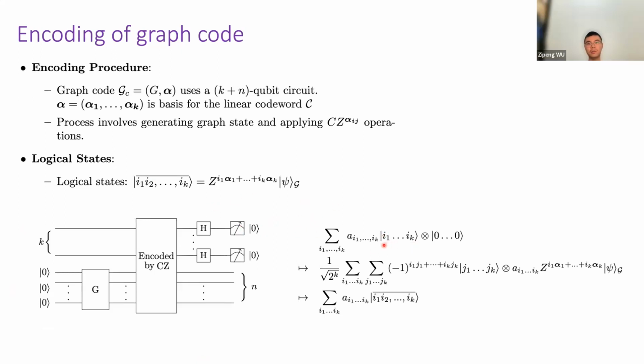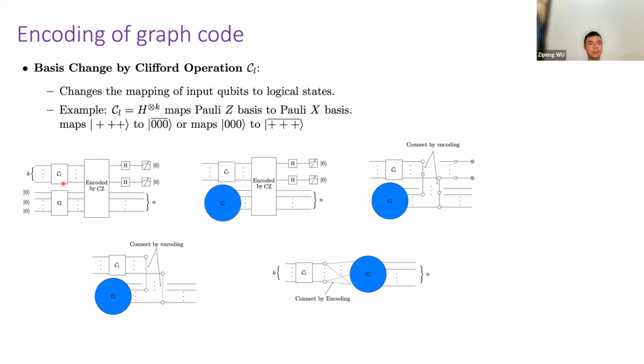Your input |i_k> will map to the logical |i_k>, which is defined by this equation. But generally speaking, the code space is spanned by these code states. To perform this kind of basis change, we perform some operation prior to the encoding procedure.